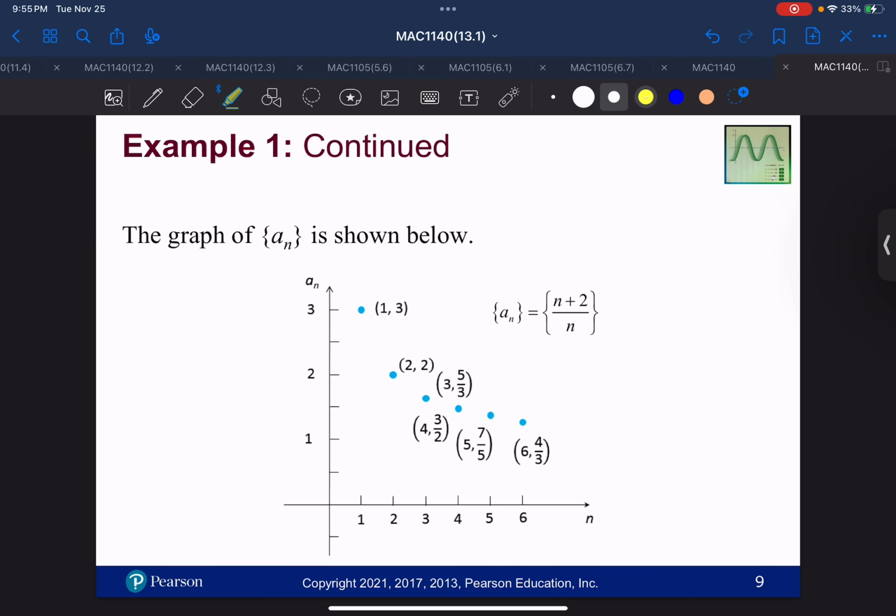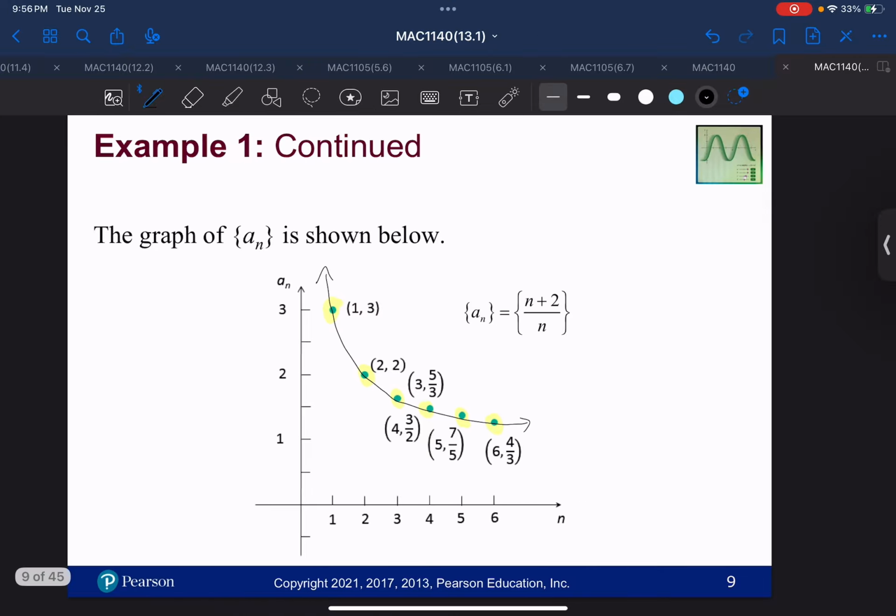And here is a graph of those first 6 terms. You can see that this makes almost like an exponential decay, but not really, but almost.